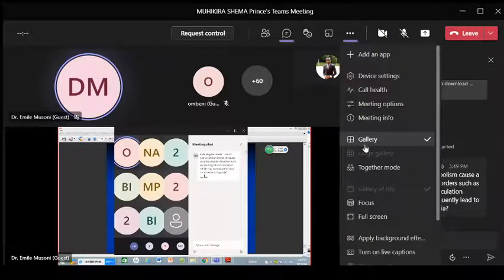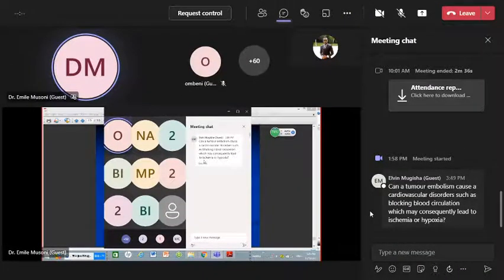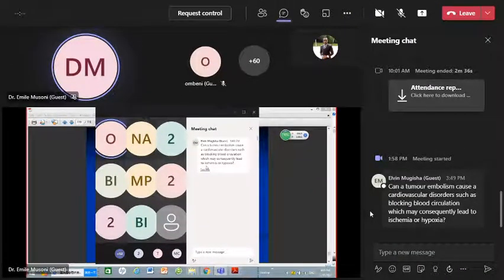It may happen, but what this one will cause is metastasis. For example, if it was a breast tumor, there will be tumor cells which make embolism, then they go to the lung. In that case, there will be metastasis of that tumor from the breast to the lung.